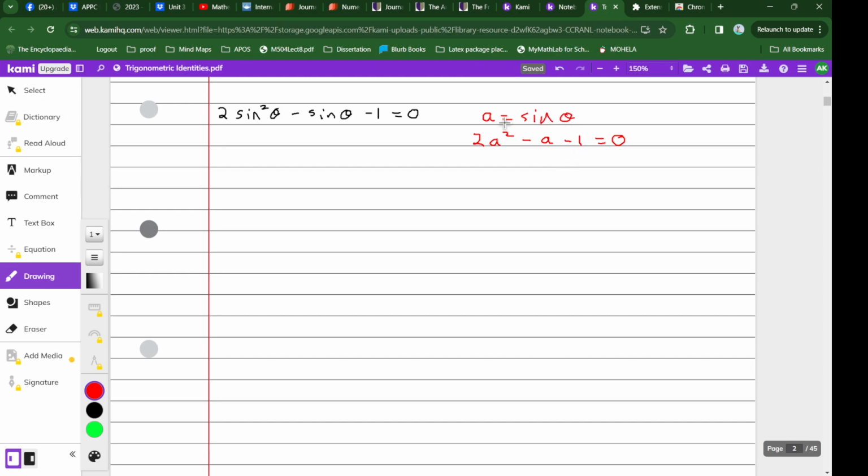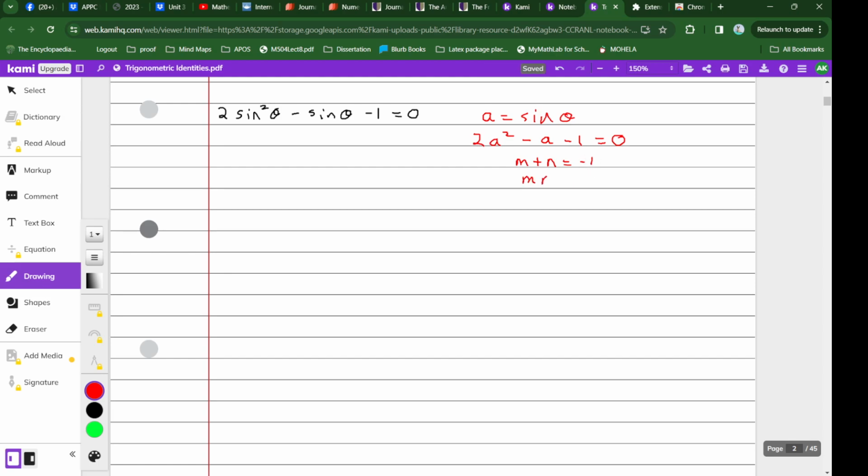And this is a quadratic, so we can just factor this out. Again, we look for two numbers that add to give us our middle term, our linear term, that would be negative 1.